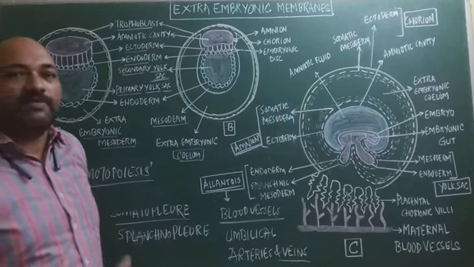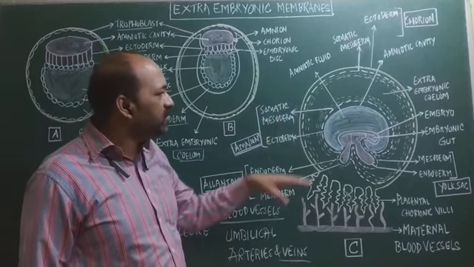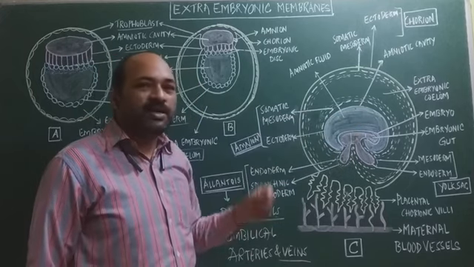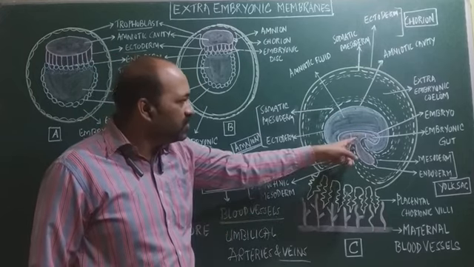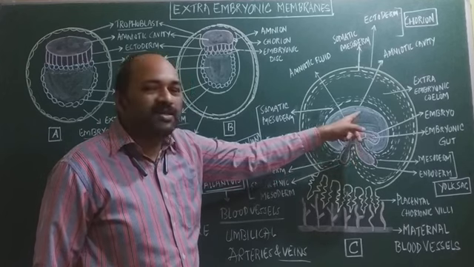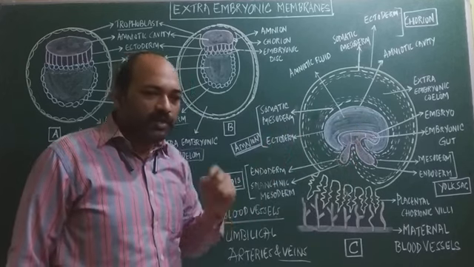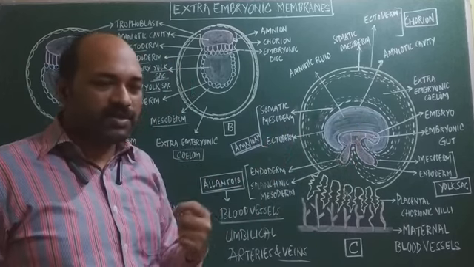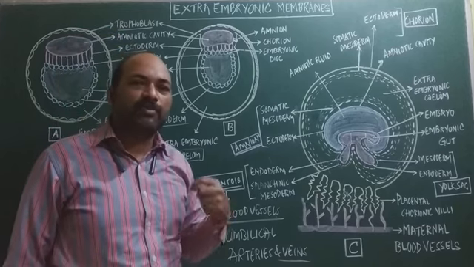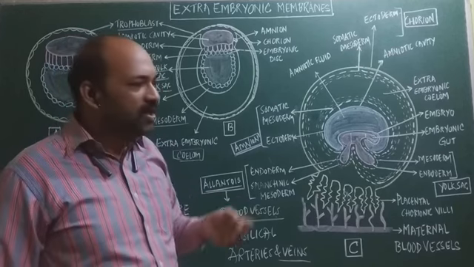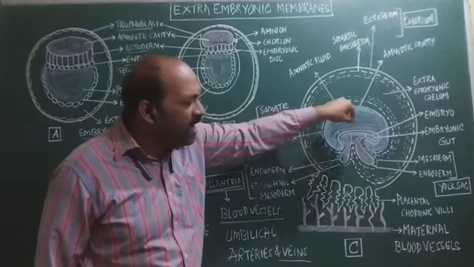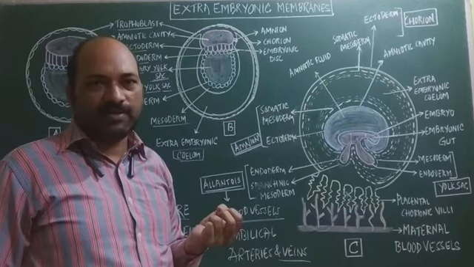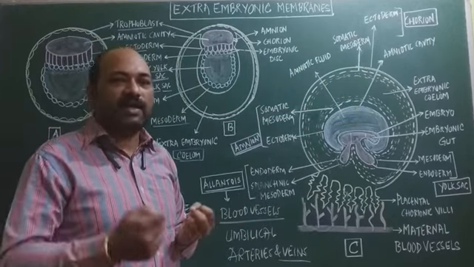Now during the developmental stages, this amniotic fluid contains embryonic cells. So there is a technique which we call amniocentesis. A microliter of this amniotic fluid is extracted and analyzed.